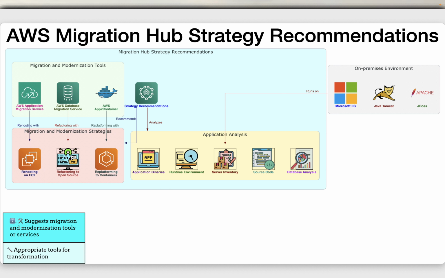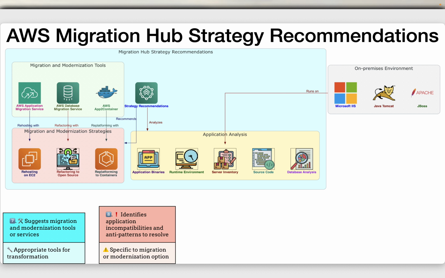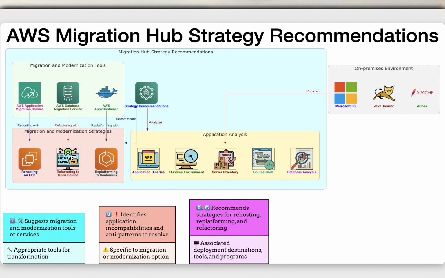It suggests appropriate migration and modernization tools or services that you can use for the transformation. Strategy Recommendations identifies application incompatibilities and anti-patterns that need to be resolved for a specific migration or modernization option. It recommends migration and modernization strategies for rehosting, replatforming, and refactoring with associated deployment destinations, tools, and programs.